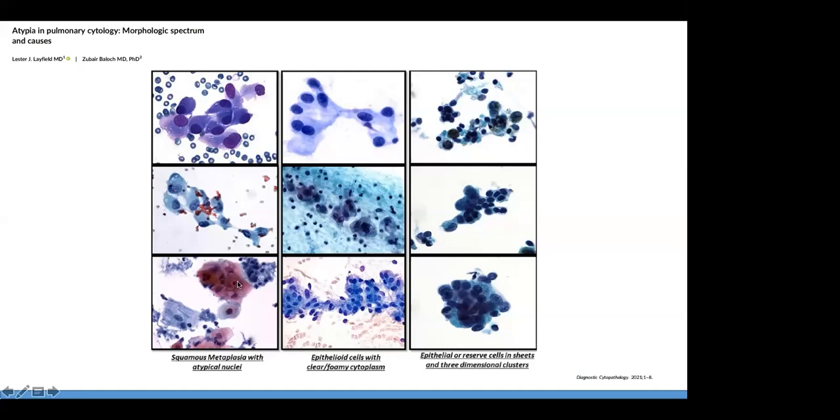For example, squamous metaplasia with some atypical nuclei, epithelioid cells with clear formed cytoplasm, sometimes a very well differentiated adenocarcinoma entering the differential diagnosis, or reactive epithelial or reserve cells that can appear in clusters or with overlapping of the nuclei.